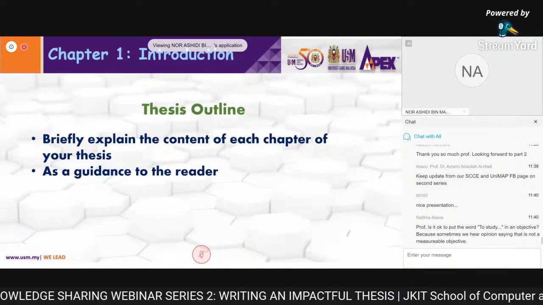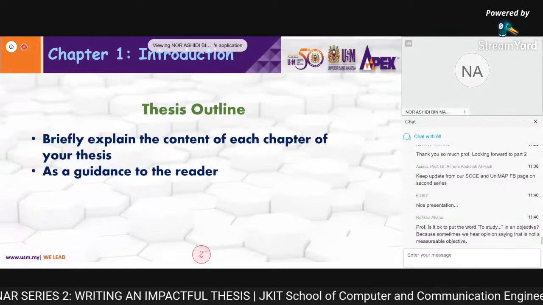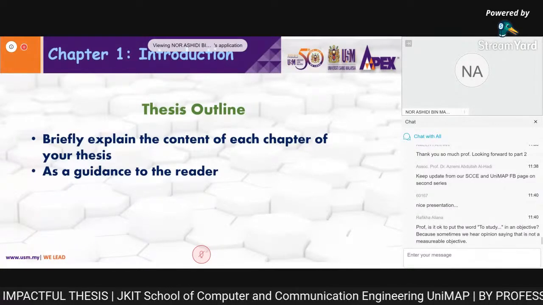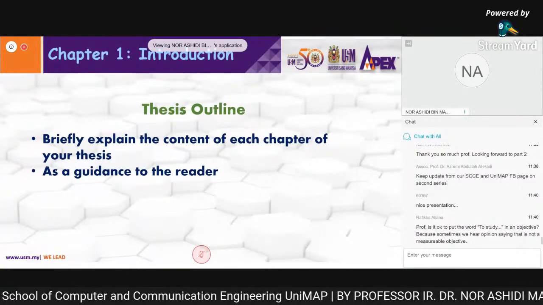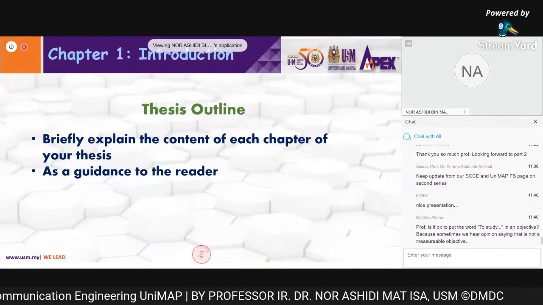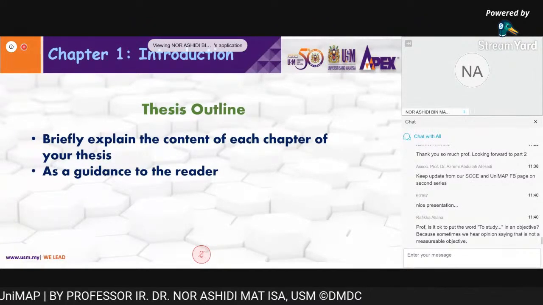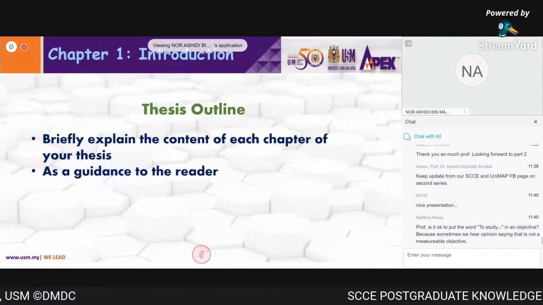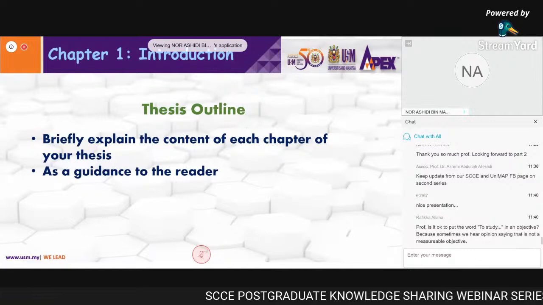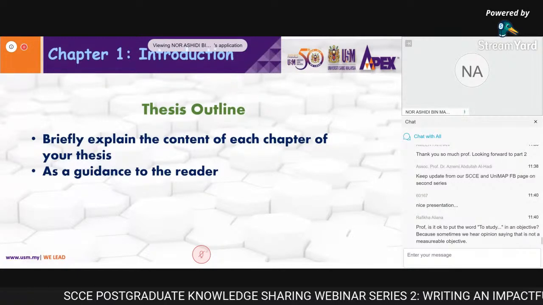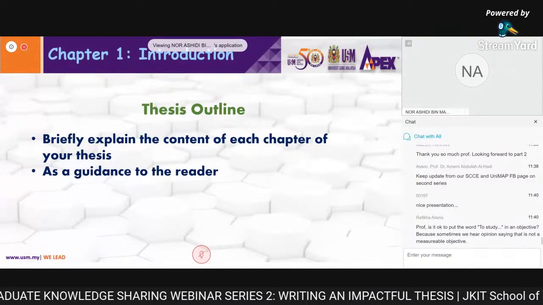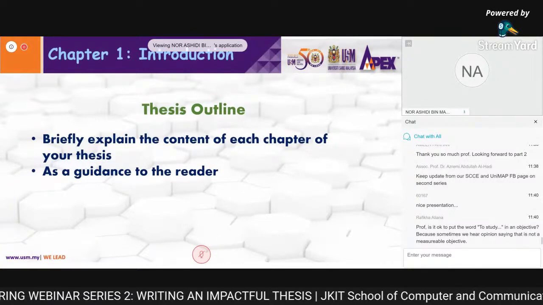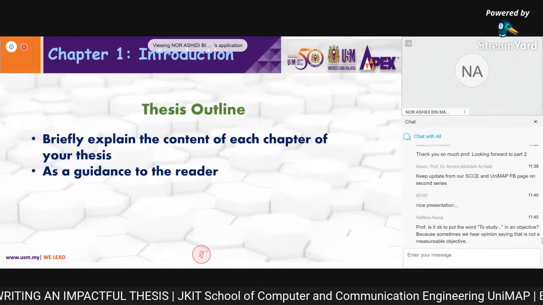So at the end of the day, your methodology might work, or your methodology has to be modified here and there. So basically they are different, but the only similarity is they need to have the background and also the problem statement. But still, your problem statement can be changed during your research work, because sometimes your problem statement is not appropriate to the method that you want to introduce.